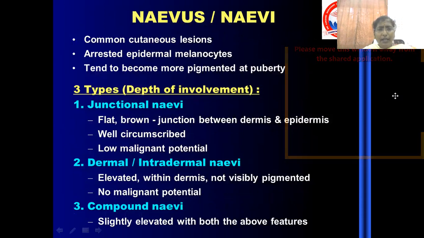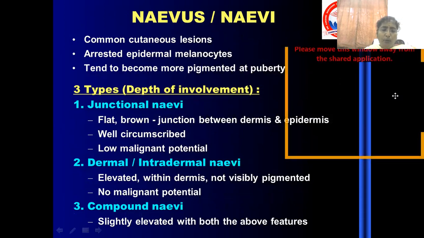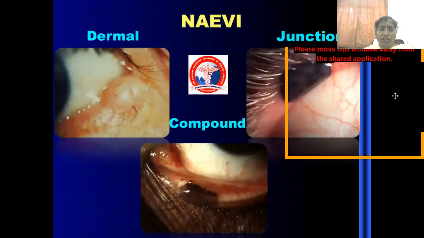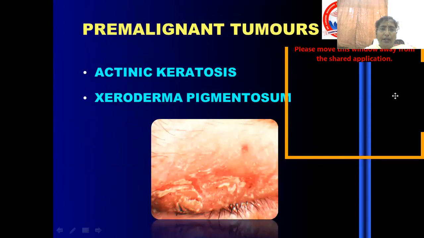Nevus or nevi, it is most common, and arrested epidermal melanocytes tend to become more pigmented at puberty. Types include junctional nevi, dermal or intradermal nevi, and compound nevi, which are slightly elevated with both the above features. So these are the dermal, junctional, and compound nevi.